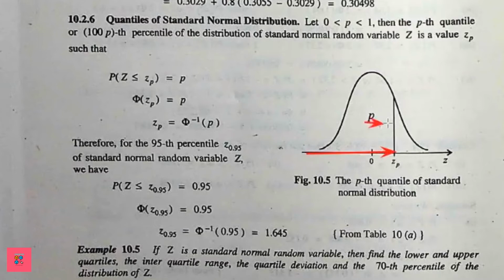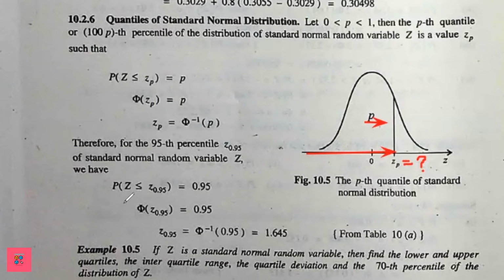This small p is the probability starting from minus infinity to this point, and this zp, which is on the z line, is unknown. So I am placing here a question mark. So probability is z less than zp equals small p, and zp is equal to phi inverse of p, as we have seen in the presentation.